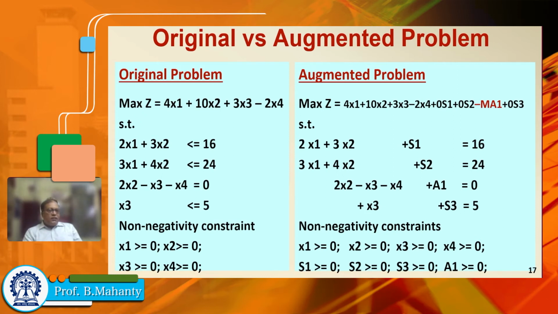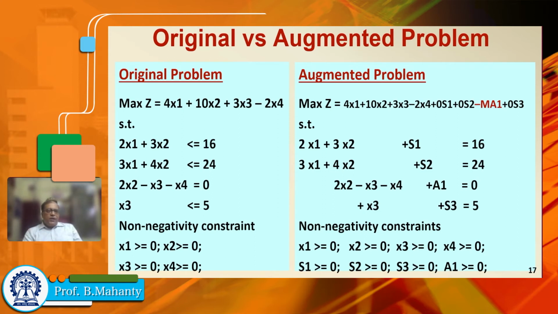So what is the value then? The value is 10 into 2, 20, 3 into 4, 12, 32, and x4 is 0. So when you have x2 equal to 2, x3 equal to 2 and x4 equal to 2, total objective function value is 22. When you have x2 equal to 2, x3 equal to 4 and x4 equal to 0, total objective function value is 32.